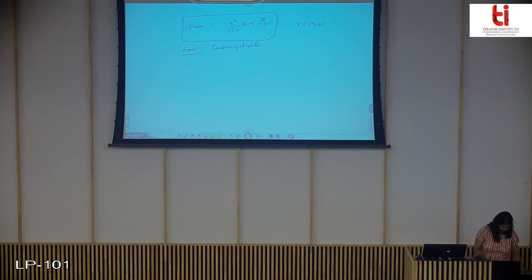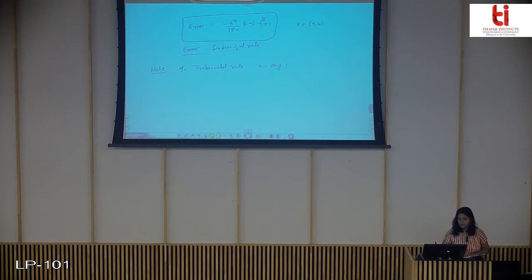So this part is done. Let's do some examples based on it. First, some notes. In the trapezoidal rule, n could be any integer.